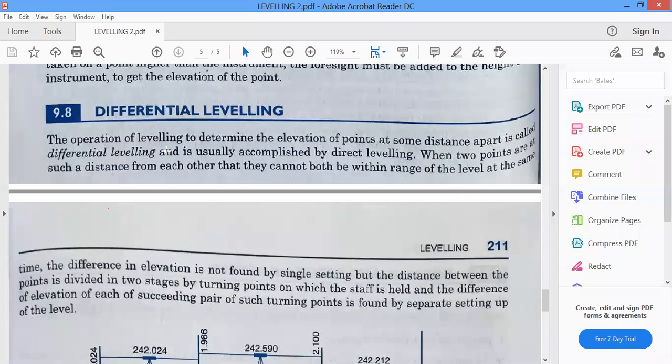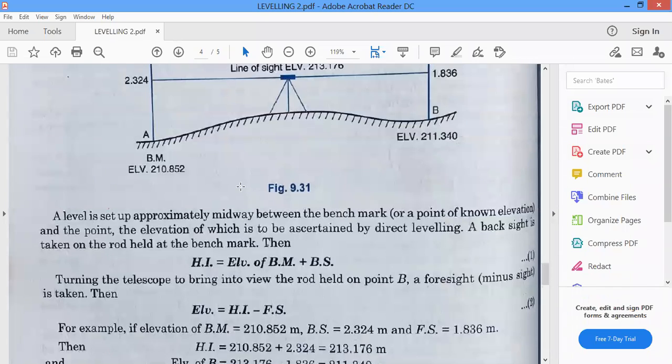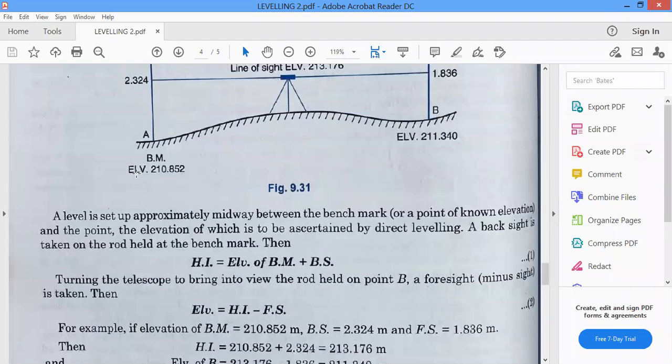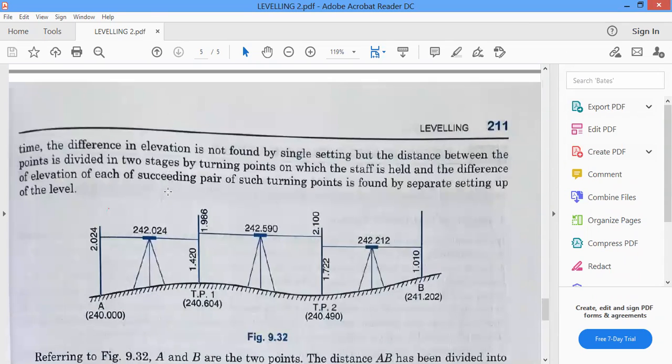So in the example which I have explained, from the instrument station both the benchmark and the point whose RL is to be calculated are visible. But in a few cases, the point whose RL you need to calculate will not be visible. In that case, you have to go on performing the leveling until you reach the point whose RL is to be calculated.